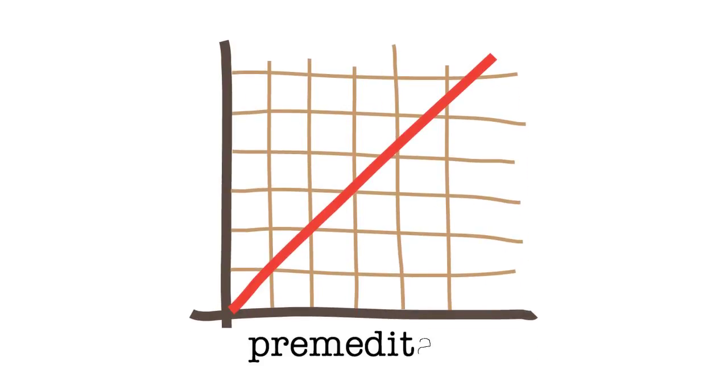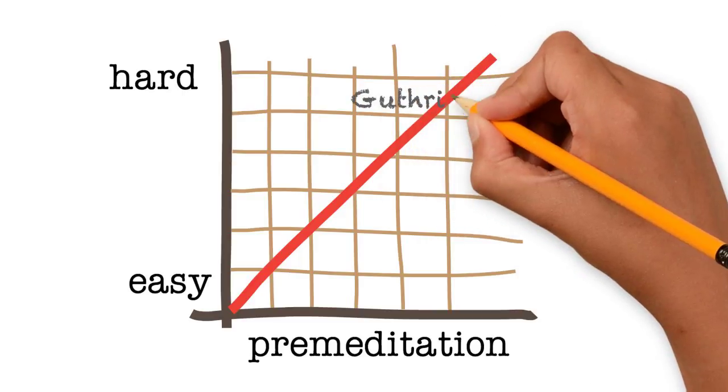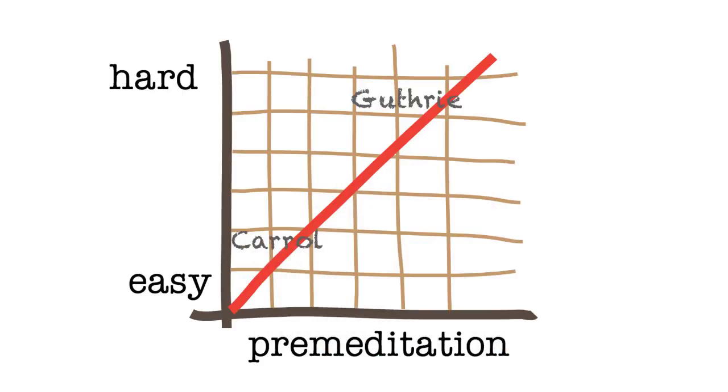Essentially, premeditation is easy to satisfy under Carroll, but more rigorous to satisfy under Guthrie. So, in your analysis, use Guthrie as a counter-argument to Carroll, and to support that the defendant may not have had enough time to premeditate the murder.